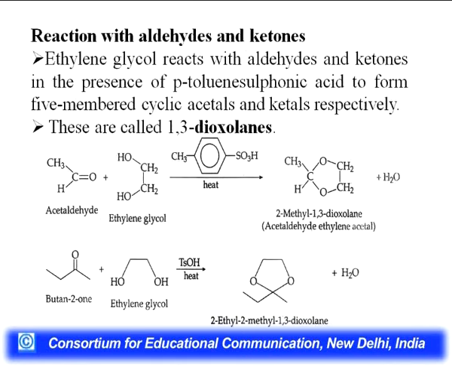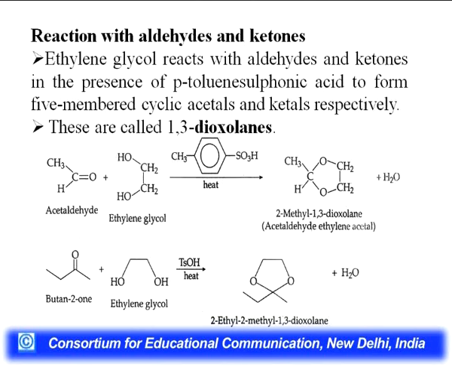Now the next reactions, with aldehydes and ketones. Ethylene glycol reacts with aldehydes and ketones in the presence of para-toluene sulfonic acid to form 5-membered cyclic acetals and ketals respectively.